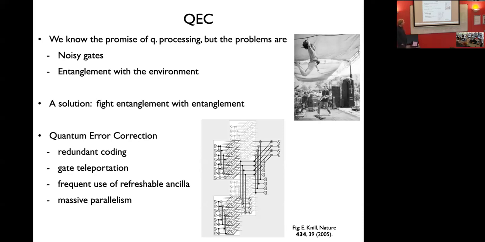And then there are several different gadgets that are used. Frequent ones are gate teleportation, where you create some entanglement and then perform some measurements and teleport a gate. Frequent use of refreshable ancilla: you need to dump entropy, so you need to have a way to reset ancilla, and you'd like to have massive parallelism.